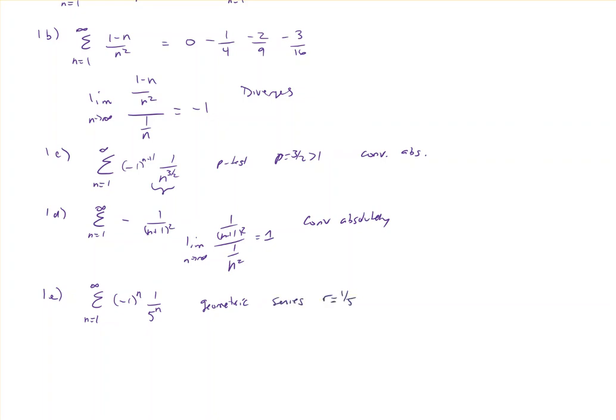Yep. And what happens with r equals 1/5? Well, it's less than 1, and therefore it converges absolutely. When you're testing for convergence absolutely, you're literally saying, forget about that. Does that converge or not? That's all you're asking, okay?